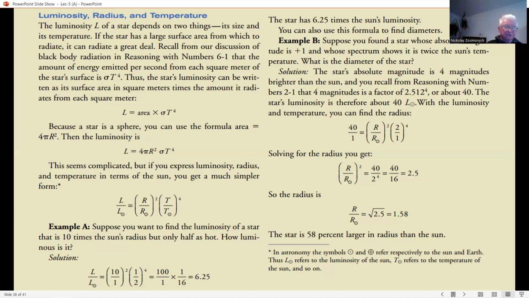Let's see this slide, please. Astronomers use a special diagram to sort the stars by temperature and size.